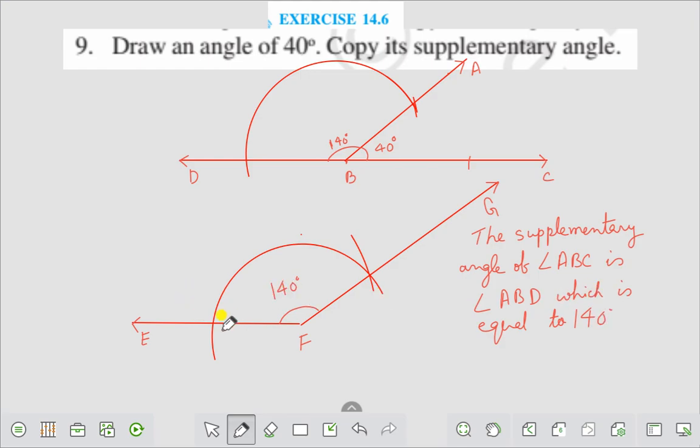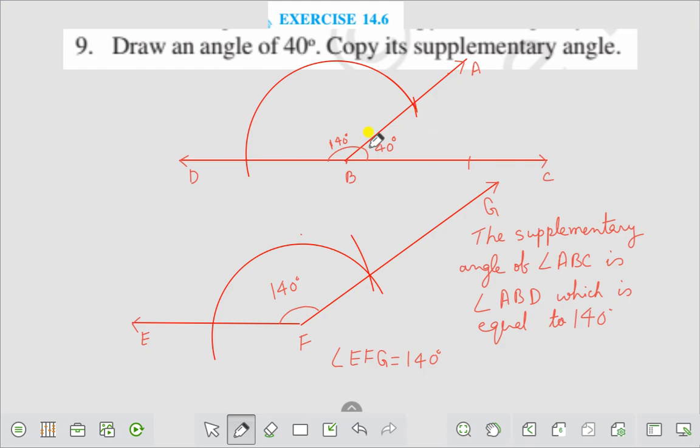Here we have made an angle EFG, that is 140 degree. Angle EFG is equal to 140 degree, right? Now here the question was, draw an angle of 40 degree and copy its supplementary angle.